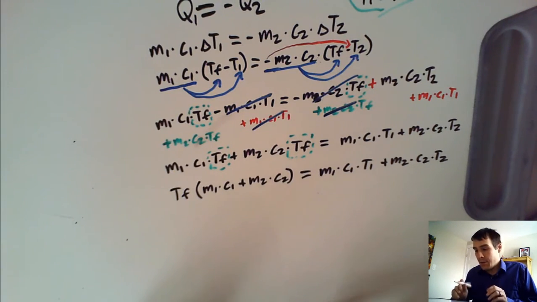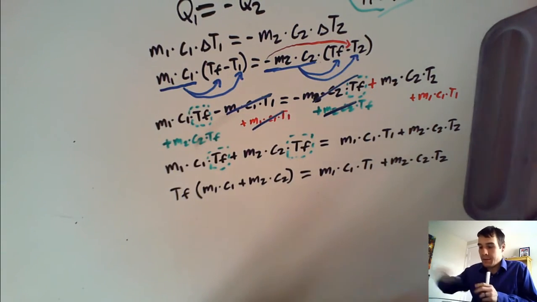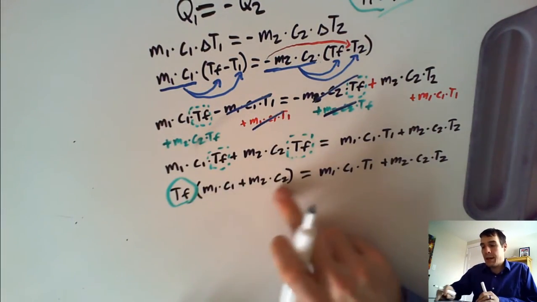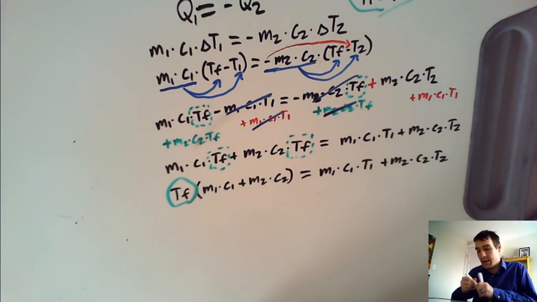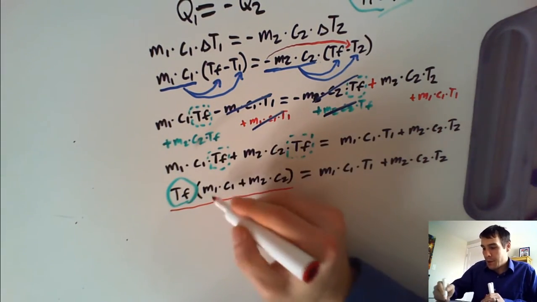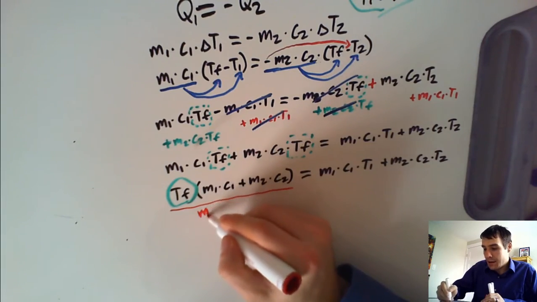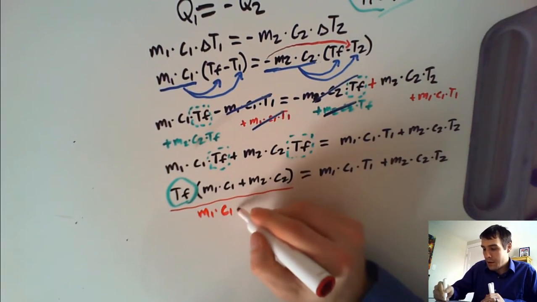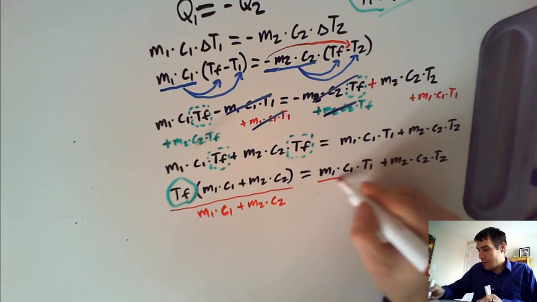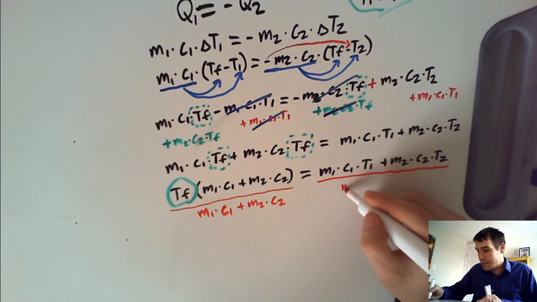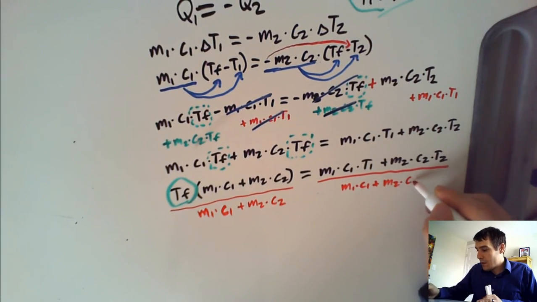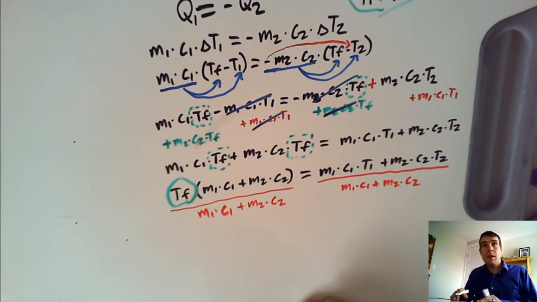Now we want just TF by itself, right? We just want TF by itself on this side of the equation, and it's multiplied by this entire gigantic thing. So what we do then is we divide by this entire gigantic thing, M1 C1 plus M2 C2. And we do that on both sides because what we do on one side we have to do on the other side. M2 C2.